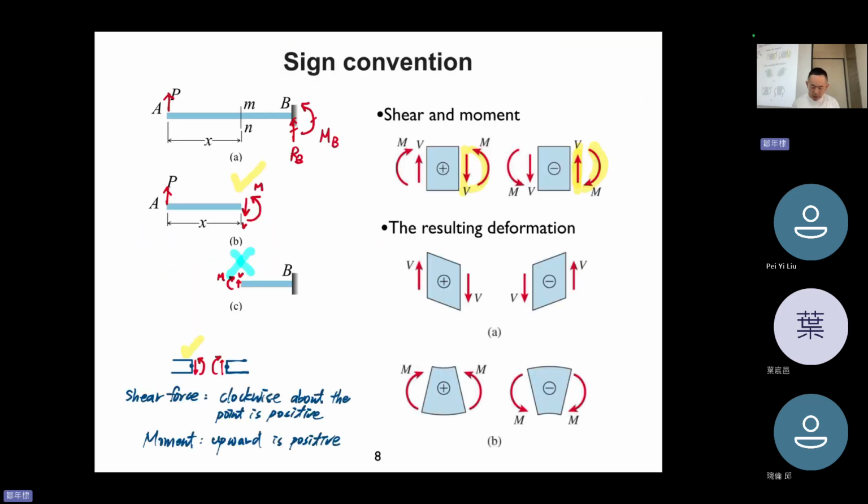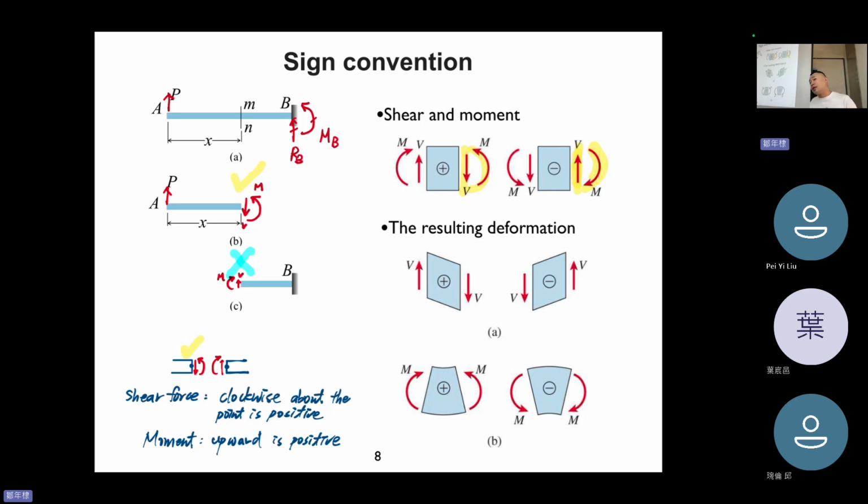So last time we talked about the sign convention of the shear moment diagram. Because we are going to draw the shear and moment values throughout the material from the left point to the right point, we need to get the internal shear and moment in the material.